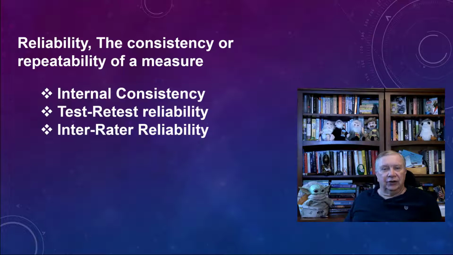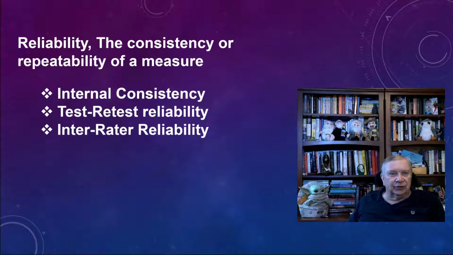Inter-rater reliability. Do you have inter-rater reliability, meaning that if you have more than one individual rating a target participant, do they rate people in the same way? This is critically important.